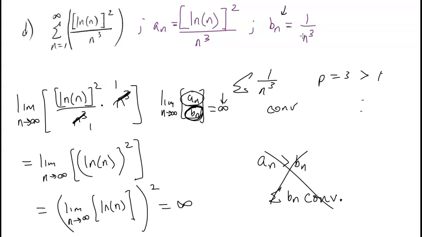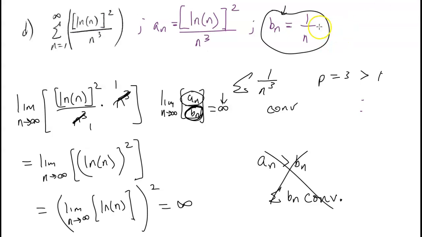Now, there are other tests that could help us out here, but we're not at that point. So what we could do instead is, instead of using 1 divided by n cubed, since it's attractive for us to want this B sub n to be the larger sequence, we could change this and say, how about just n squared in the denominator?